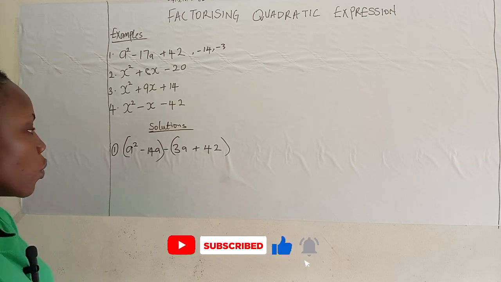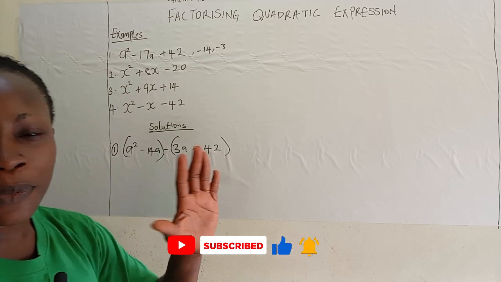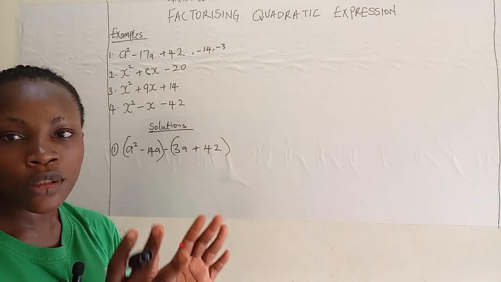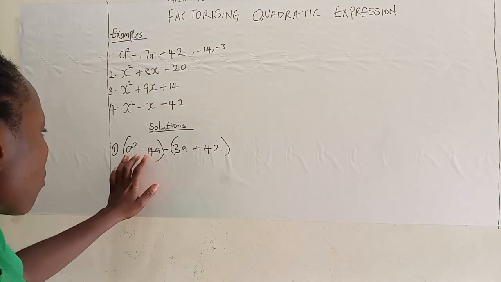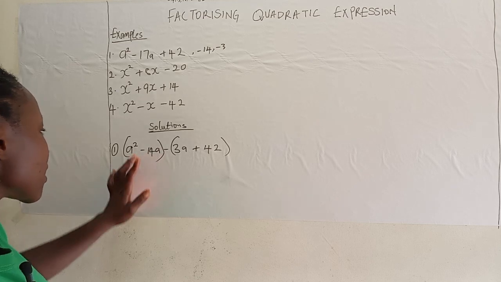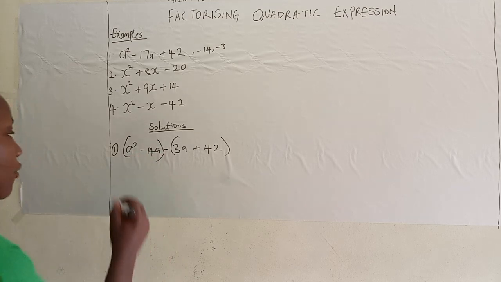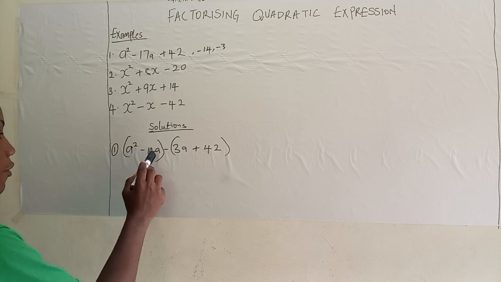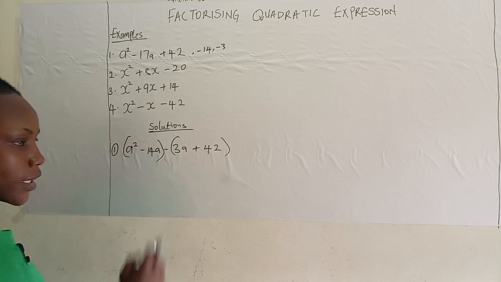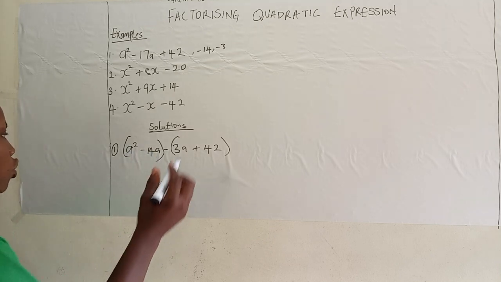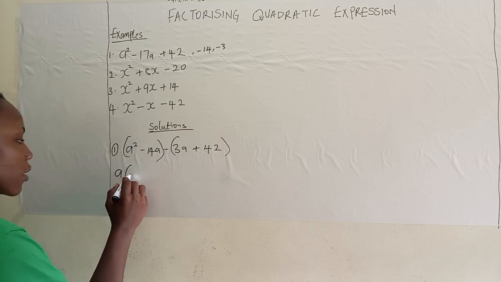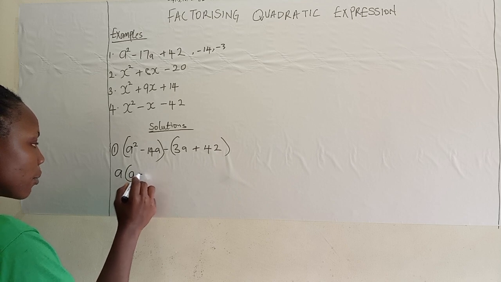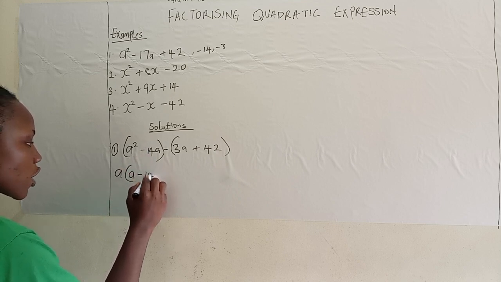Now we bring out the common factor in each of them. The common factor here is a. We have a squared here and 14a here, so we bring out a. Here is remaining a minus 14.